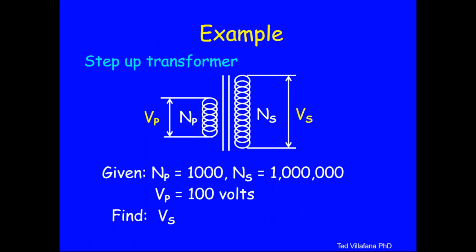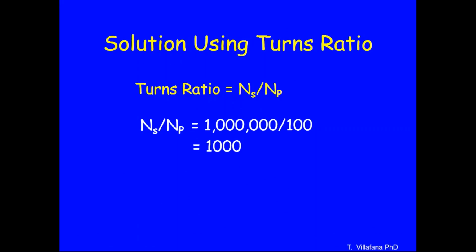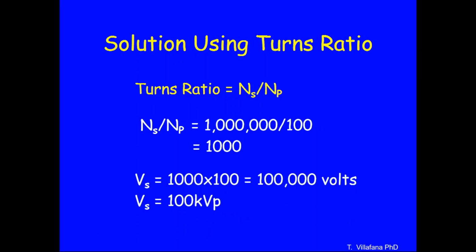Okay. Here's a quick example. Let's say you had 1,000 turns in the primary and 1,000,000 turns in the secondary, and you came in with 100 volts. Well, what would be the voltage that you would produce? The turns ratio is 1,000,000 over 1,000. That's 1,000. There's your answer.